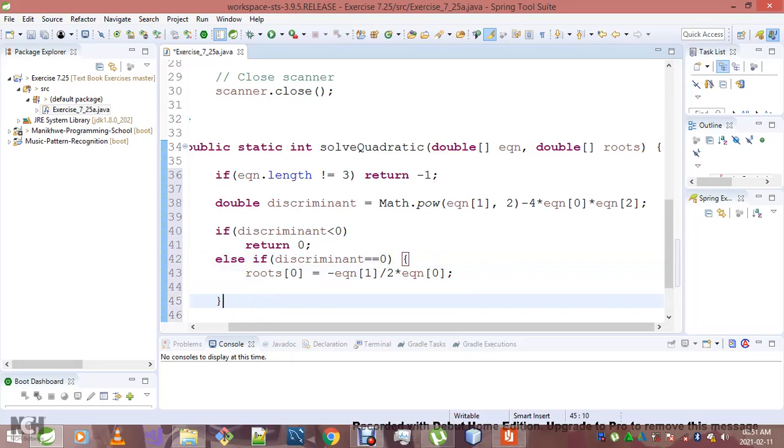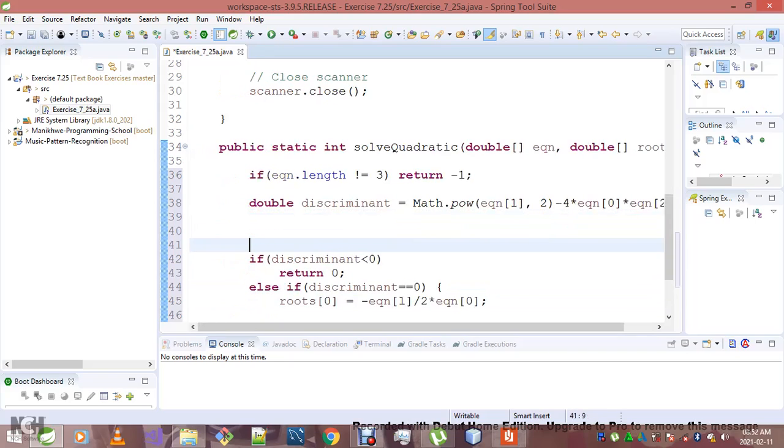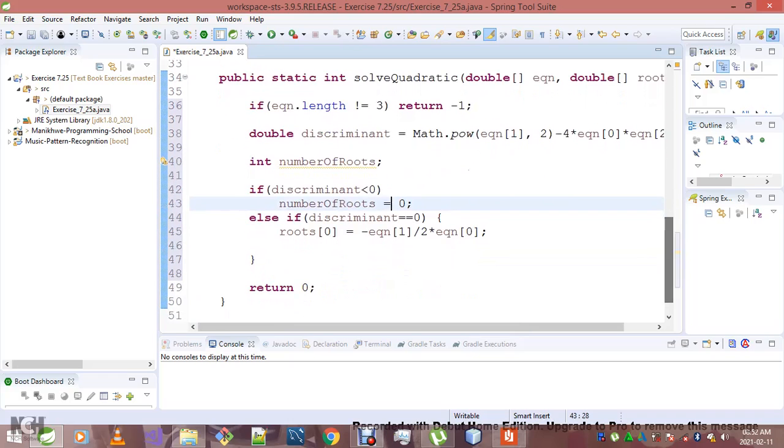You know what, rather than having to have multiple return statements, let me do things this way.